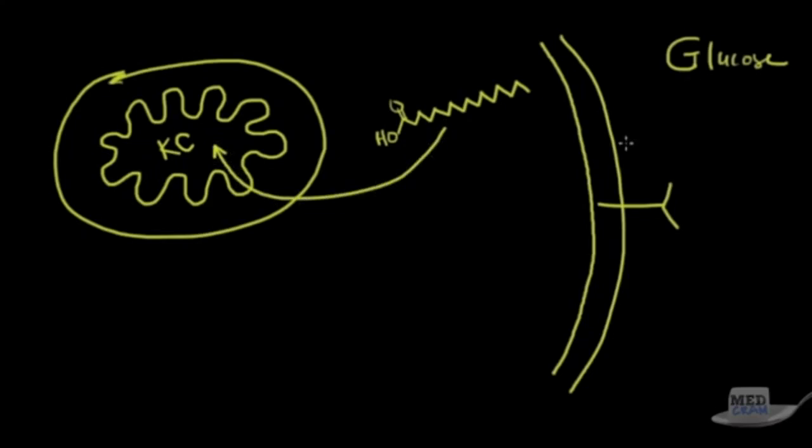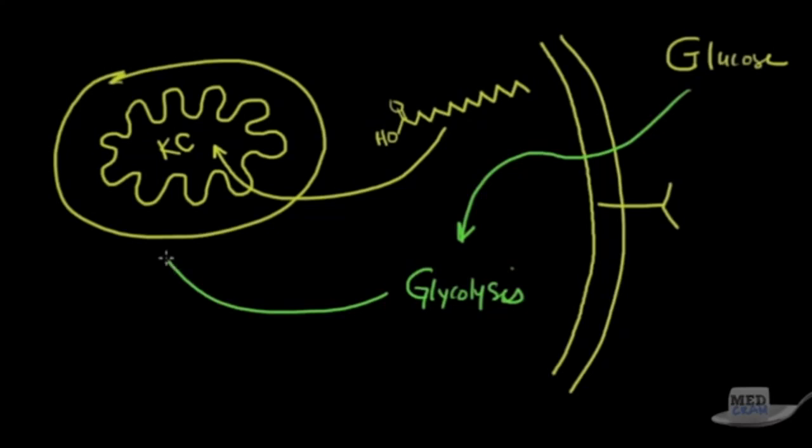You'll also recall that glucose, once it gets inside the cell, is going to undergo glycolysis, and it will also go inside the mitochondria in the form of pyruvate, which will eventually get broken down into the same product and enter Krebs cycle as acetyl-CoA. Okay, so in the normal situation, you've got insulin.